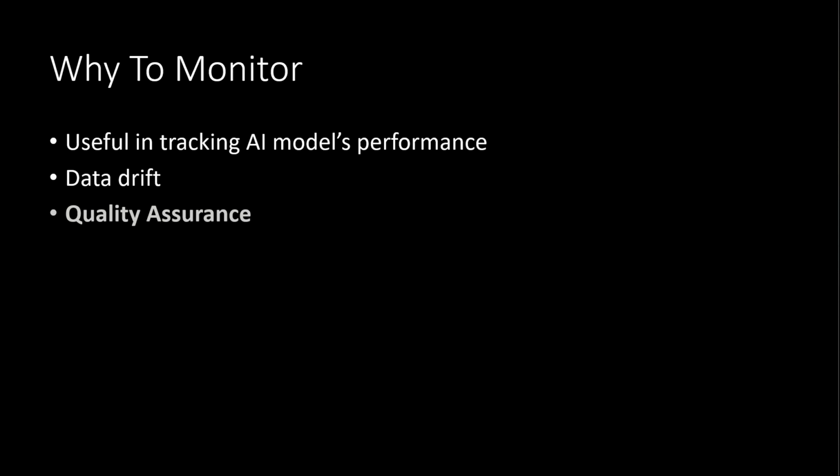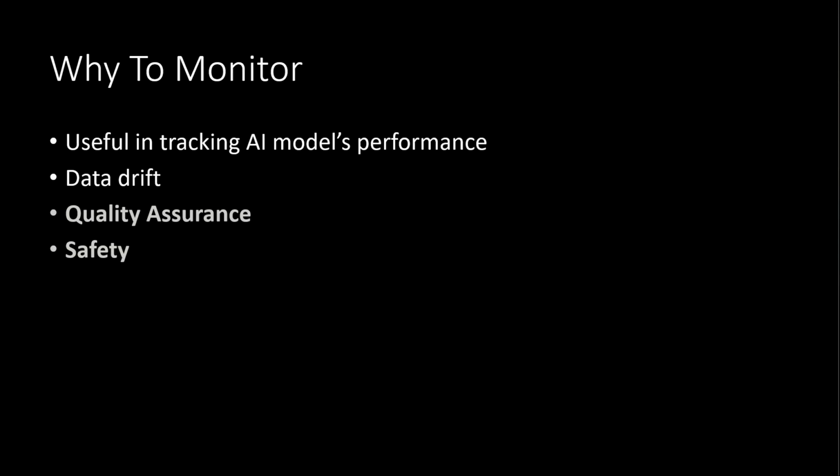Another thing is quality assurance. Monitoring ensures that the model continues to produce high quality output, and it is a very big reason why we need to go for monitoring. Another thing is safety. We all know that when we are dealing with AI, there are very high chances that you may get some surprises as information or as an output.